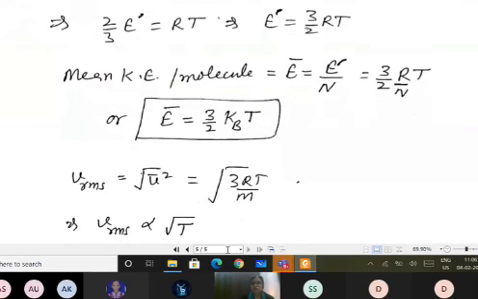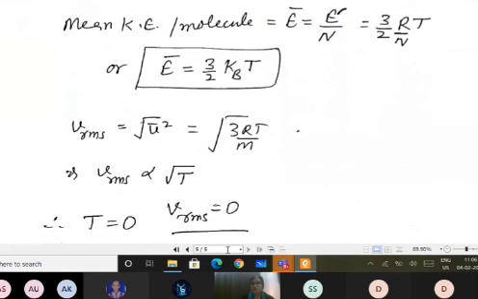We will be talking about the RMS velocity, average speed and all these things in the coming lecture also. But you should know that RMS is the square root of the average of the square of the velocity.